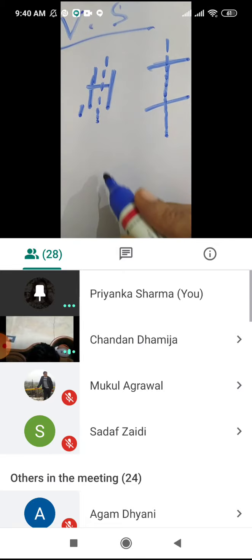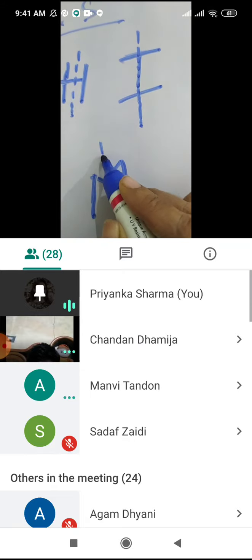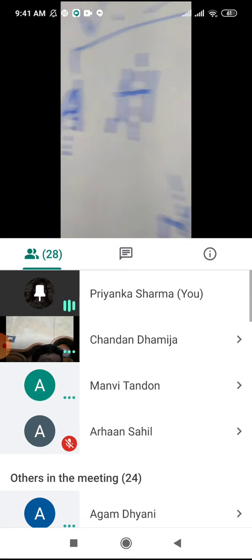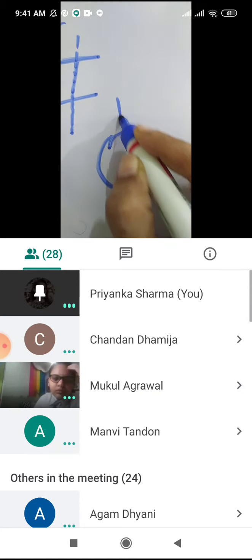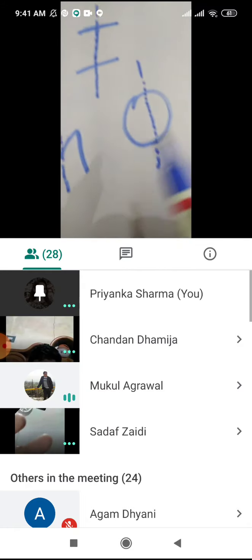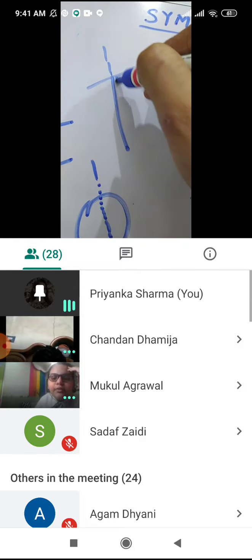Yes. Then M, it can be divided with vertical line. A I already done. Then O, it can be divided like this. T, yes, I will come on that also.